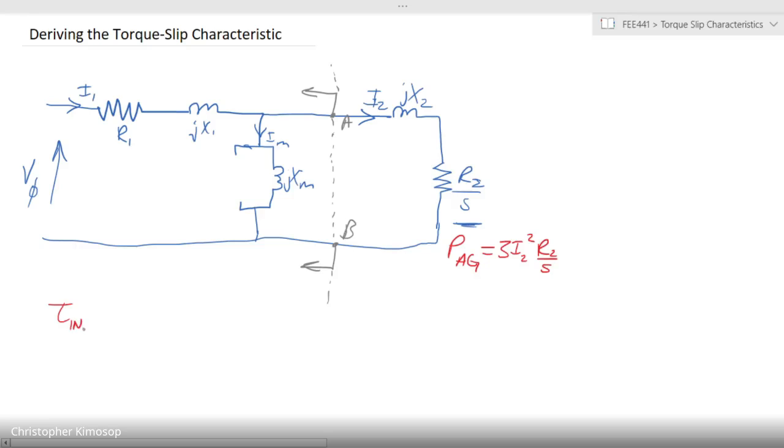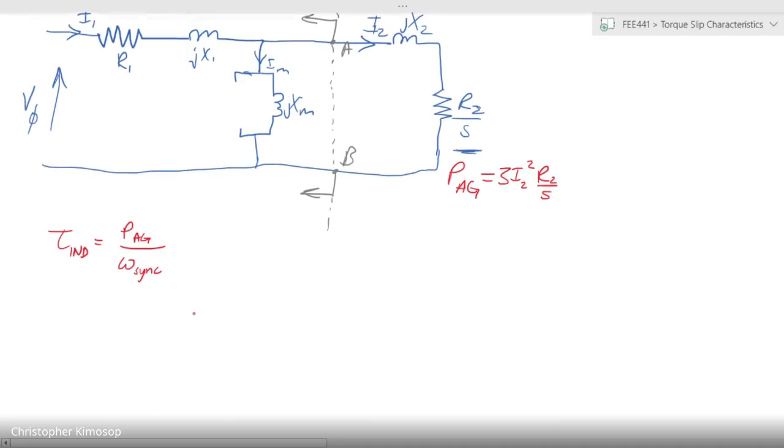So let's start introducing how our torque is represented, and look at the elements that represent torque. Now, this implies that if we know the value of air gap power, we can know the value of the induced torque. Remember, the induced torque is a torque that is available at the rotor.